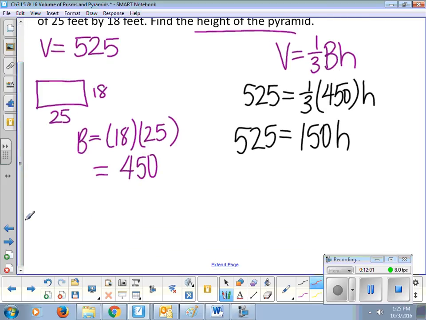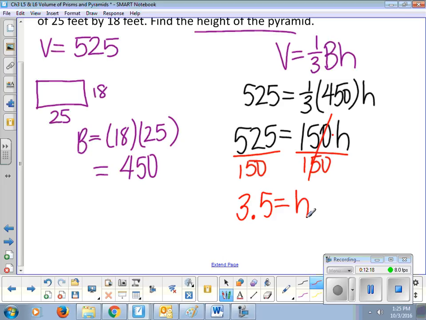Now we have a one-step equation. So we have 150 times H. We want to do the opposite of multiply, which is divide. We're dividing by our coefficient. This cancels. 525 divided by 150 gives us 3.5 equal to H. So we know that the height is 3.5 and our unit is feet.